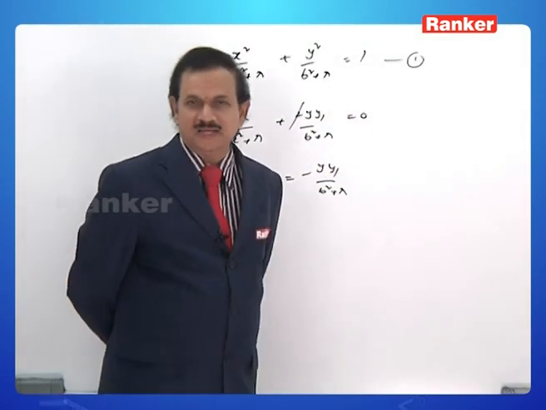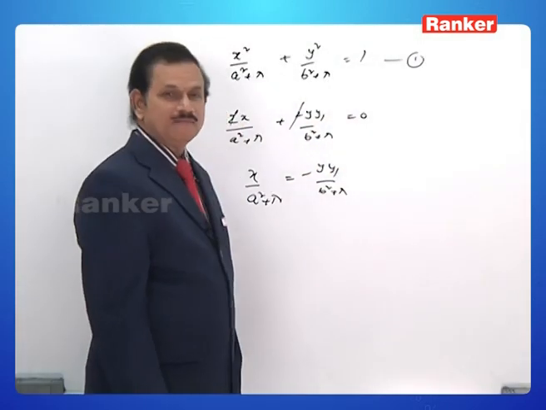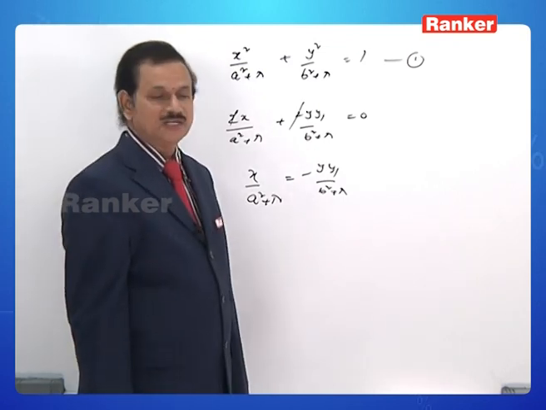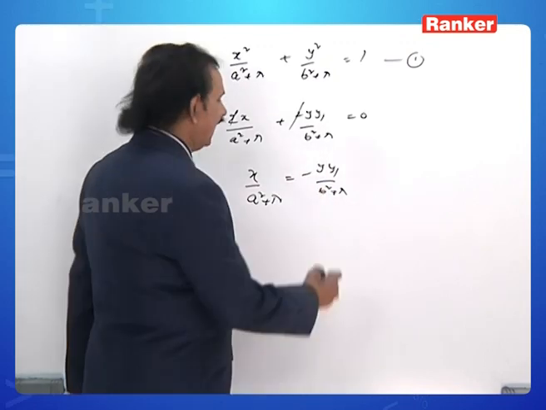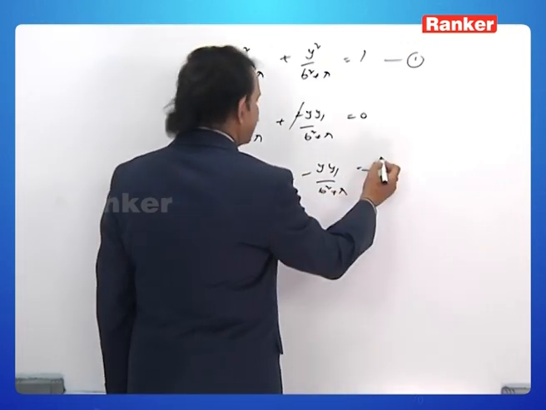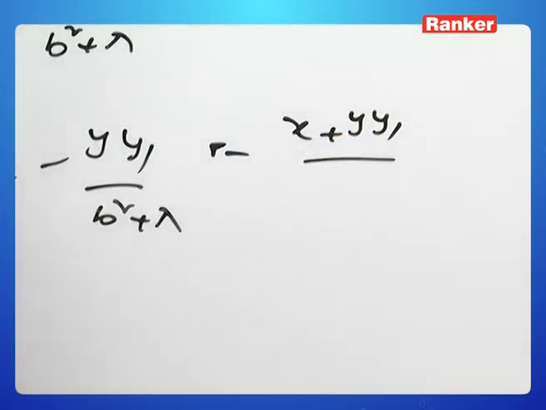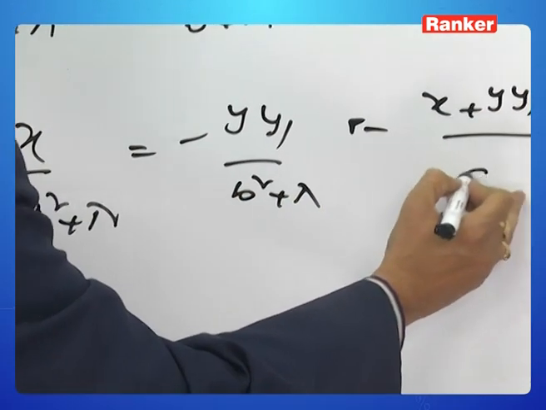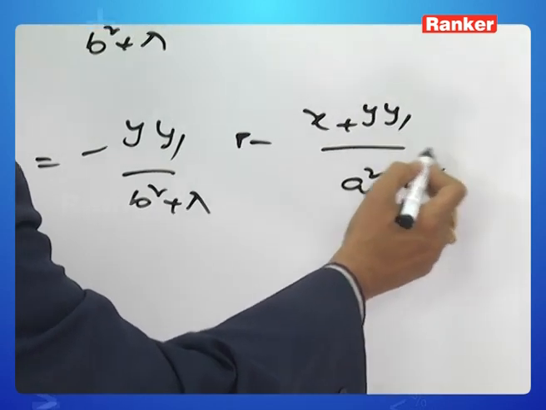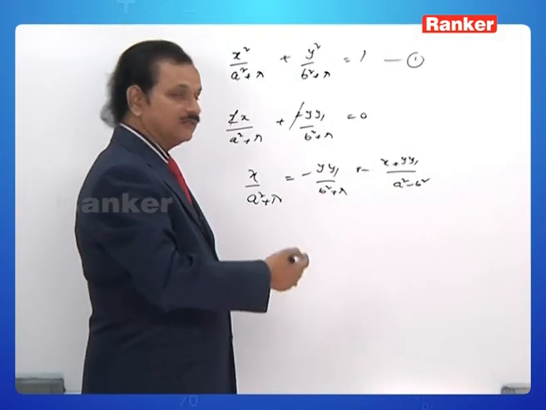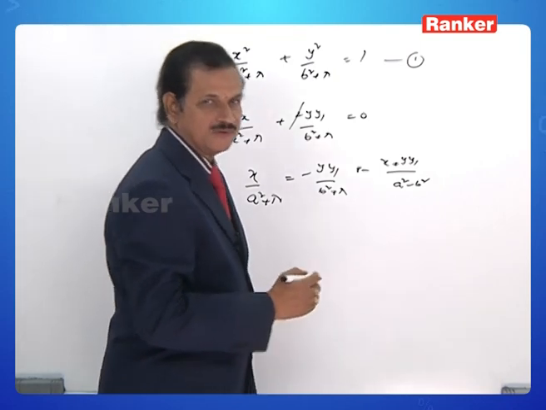Well, by making use of properties of ratios, this is equal to x plus y1 by a square plus lambda minus of b square plus lambda, which is nothing but a square minus b square.